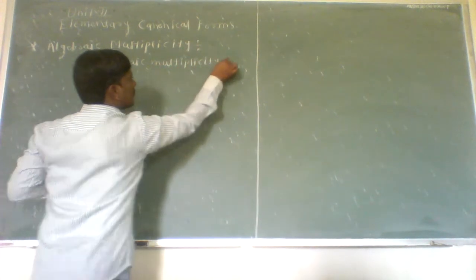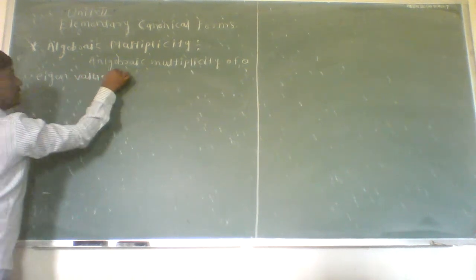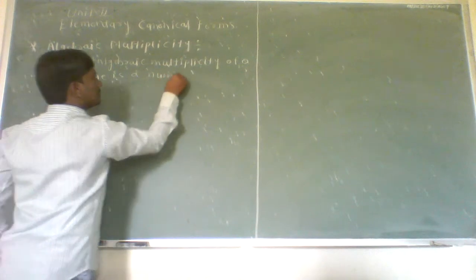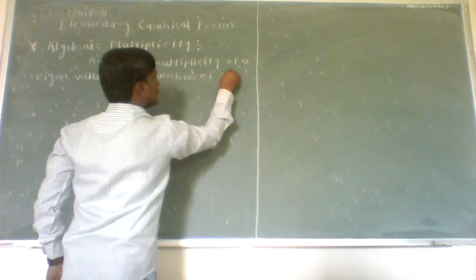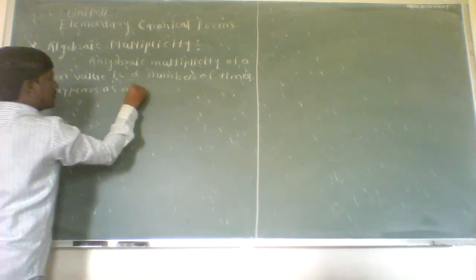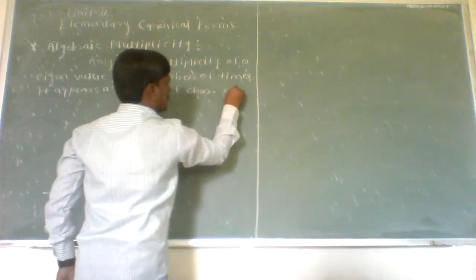The algebraic multiplicity of an eigenvalue, that is characteristic value, is the number of times it appears as a root of the characteristic equation.